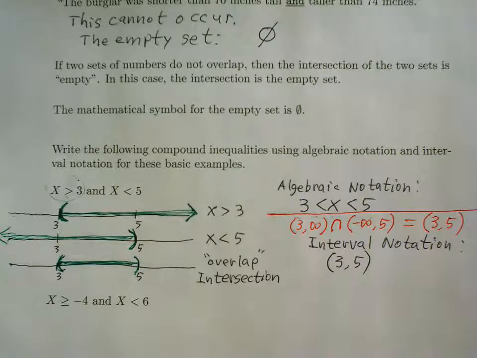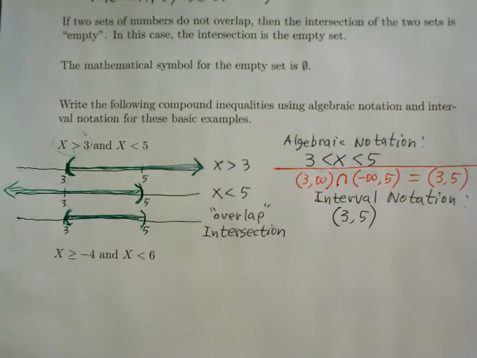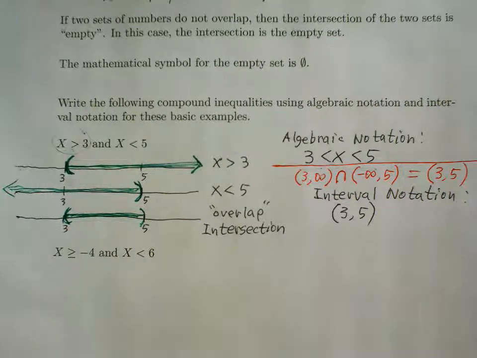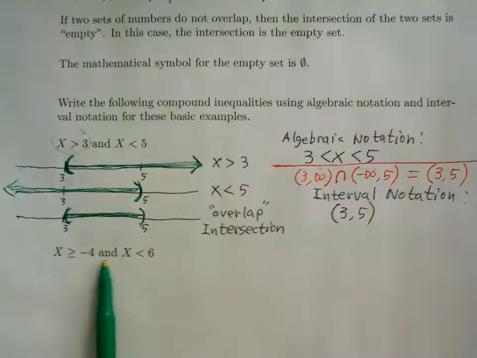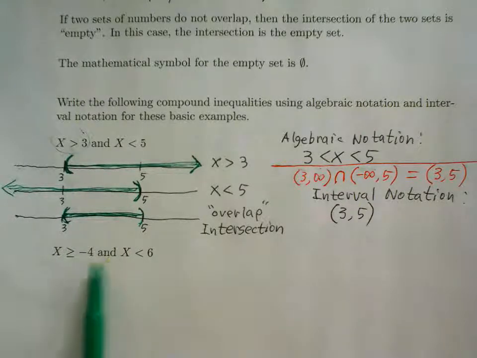Okay, let's try the next example. This one, x is greater than or equal to negative 4, and x is less than 6. The word and means a number x has to satisfy both conditions at the same time.